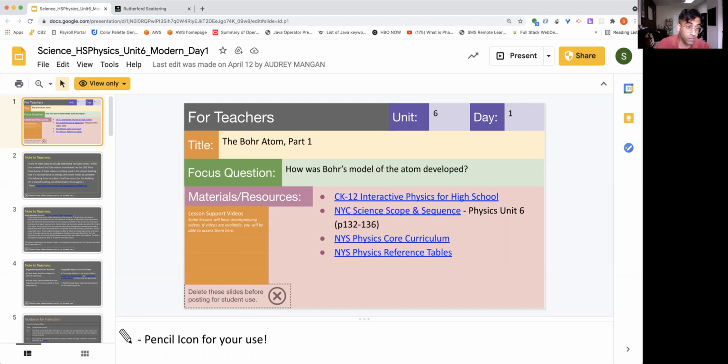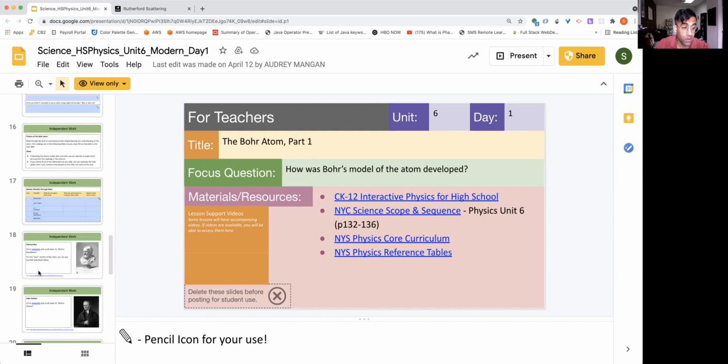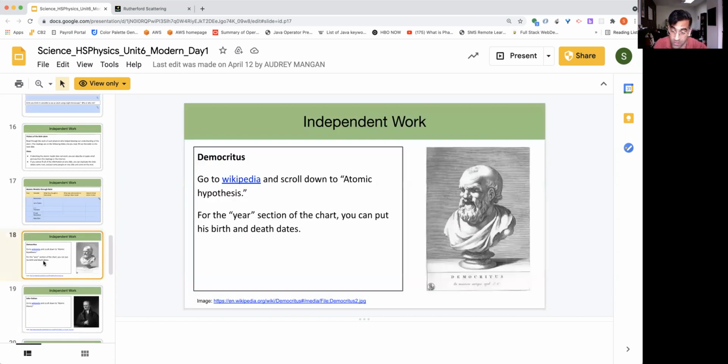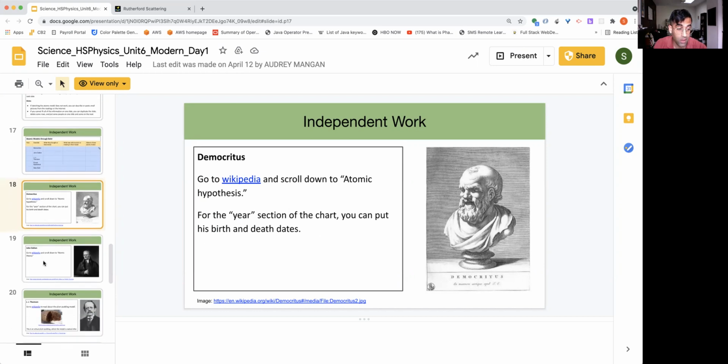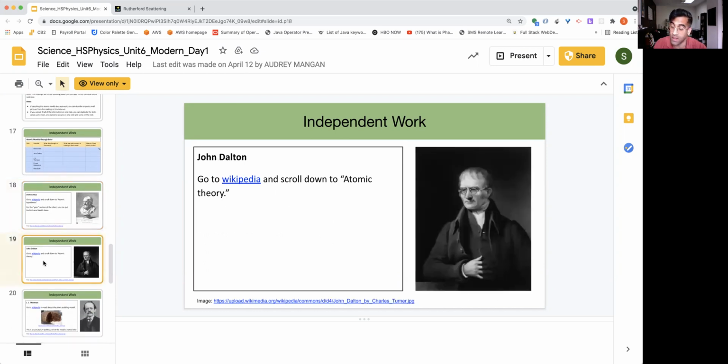However, there were models before it. For example, we have Democritus, who first came up with the idea of the atomic model, atomos being the Greek word for indivisible. Then we have Dalton, who said that the atom was shaped like a hard sphere, but he gave no detail to the contents inside.